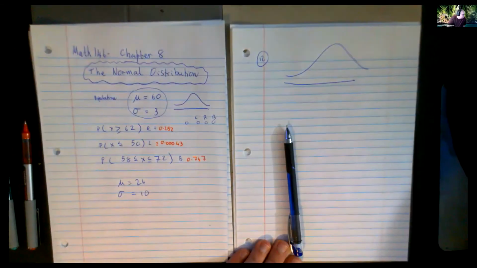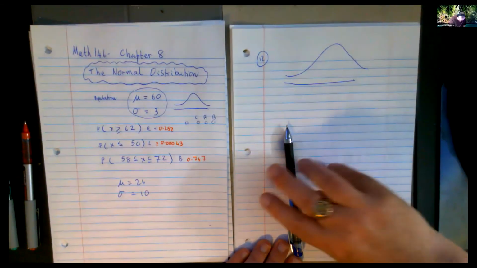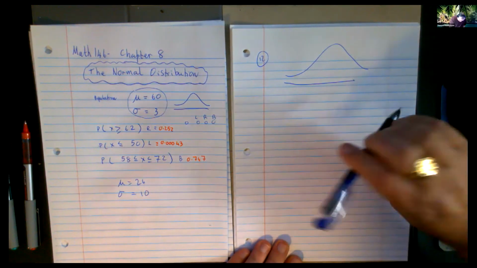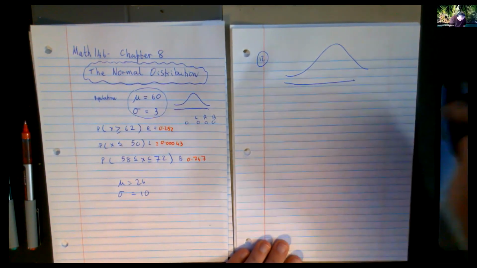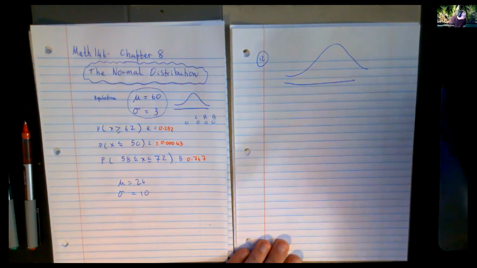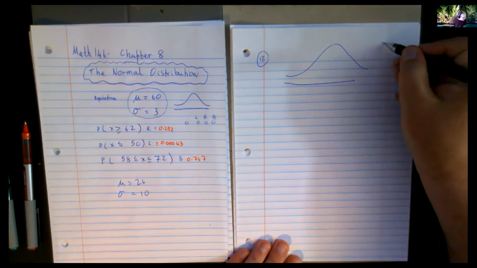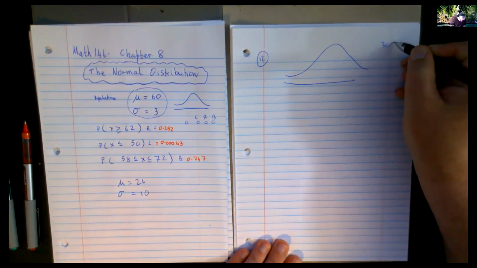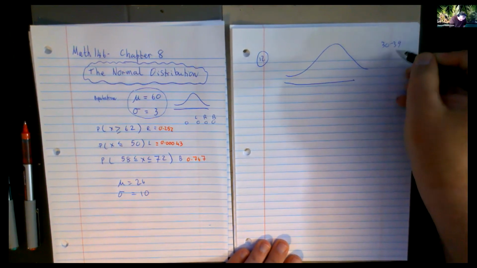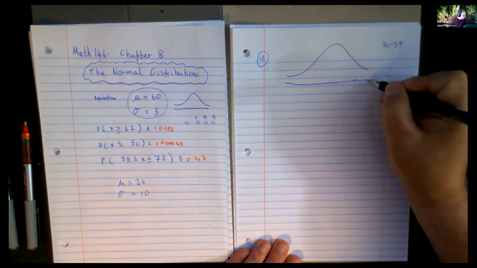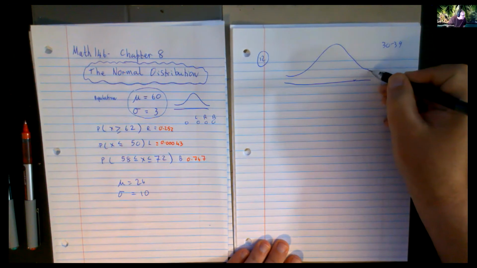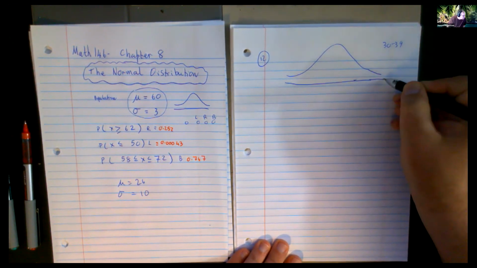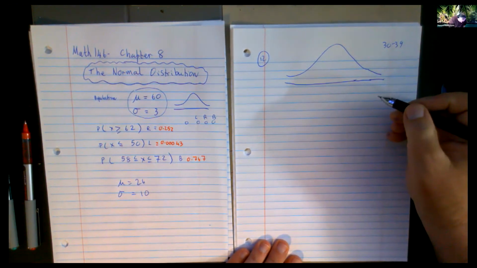So did you know that women between 30 to 39 have a cholesterol level which is normally distributed, and that the mean is 204, so that would be about here, and that the standard deviation for such women in that age group is 37.